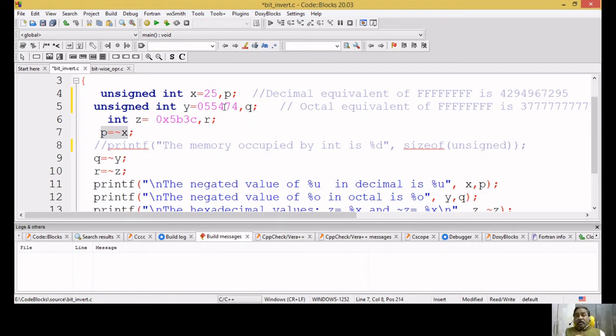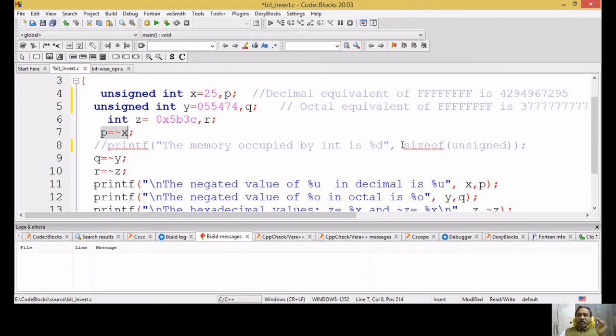That means I have to convert this decimal number into binary and then look at the size of the memory allocated for the data type. That's where this statement sizeof comes in. I want to know in this computer how much memory is allocated for the integer data type, unsigned integer data type.